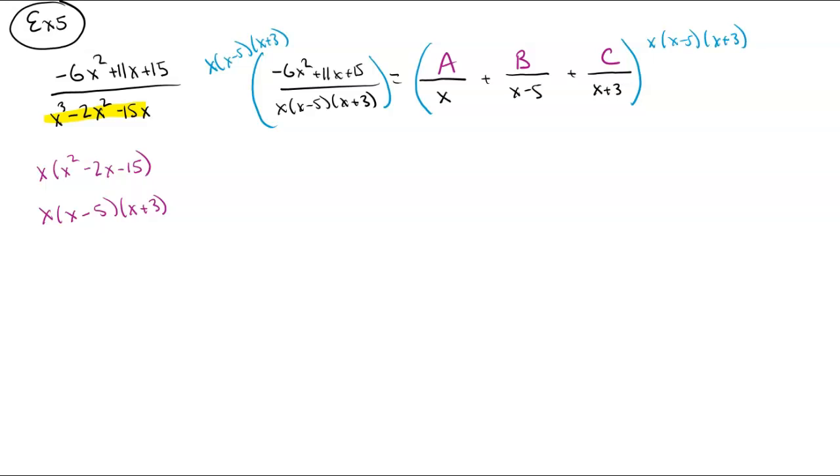Okay. So let's start with the left-hand side. That's the easiest side. The negative 6x squared plus 11x plus 15, nothing changes. Okay. So then I have my placeholder. I have a, and I'm going to multiply that by my three terms. Now, my a has an x attached to it, so my x goes away.